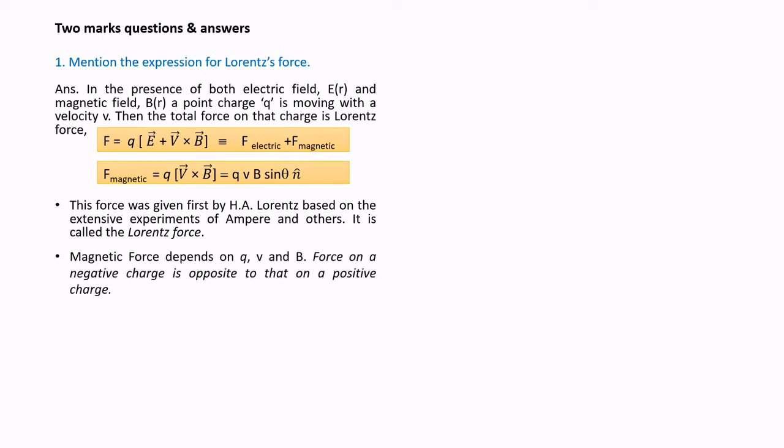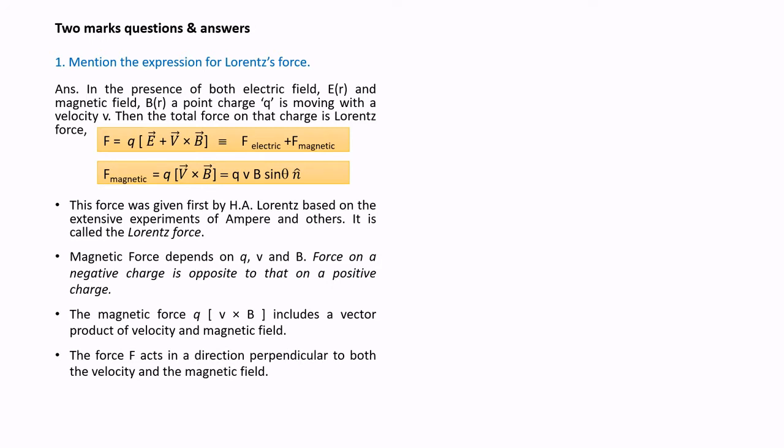Magnetic force depends on charge q, velocity v, and magnetic field B. Force on a negative charge is opposite to that on a positive charge. The magnetic force q into v cross B includes a vector product of velocity and magnetic field. The force F acts in a direction perpendicular to both velocity and magnetic field.